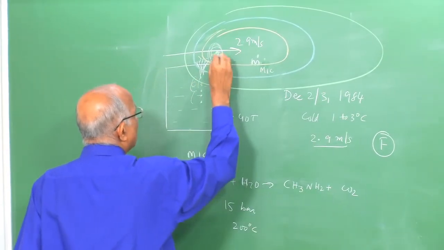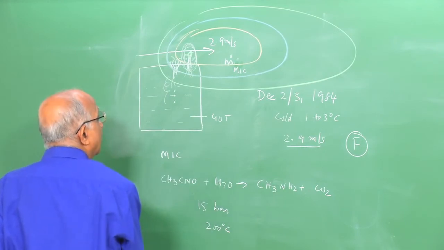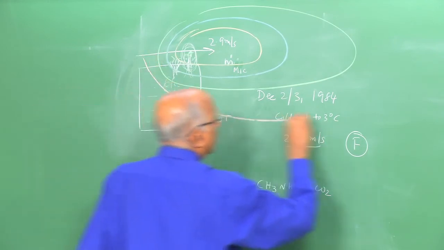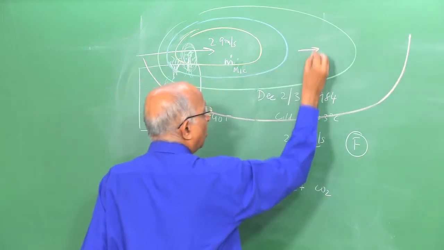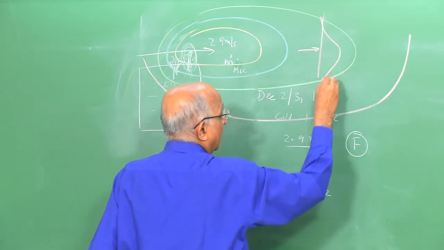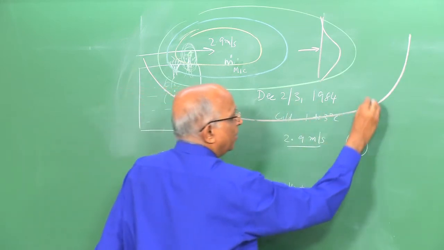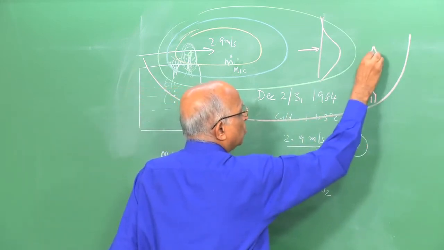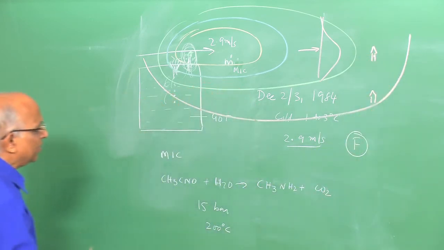This is the wind direction, this is the source. The concentration of methyl isocyanate primarily travels along the wind direction, but it is also getting diffused in the lateral direction, and along the earth you have maybe houses over here, in which it enters and causes the tragedy.